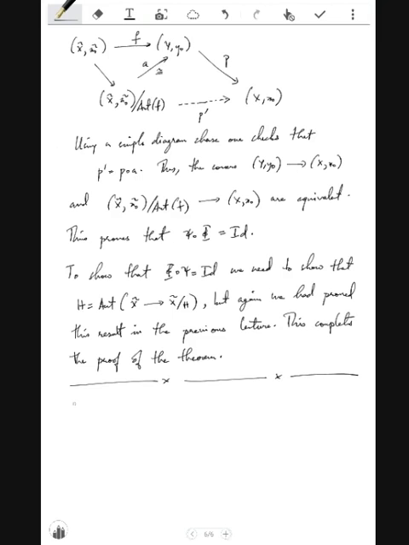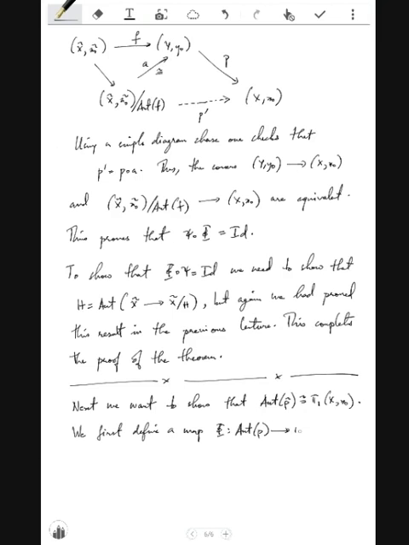So next, we want to show that Aut of p tilde is isomorphic to the fundamental group of X at x naught. So we first define a map phi from Aut p tilde to pi 1 of (X, x naught).